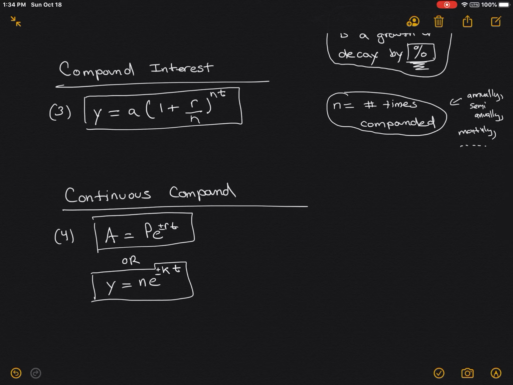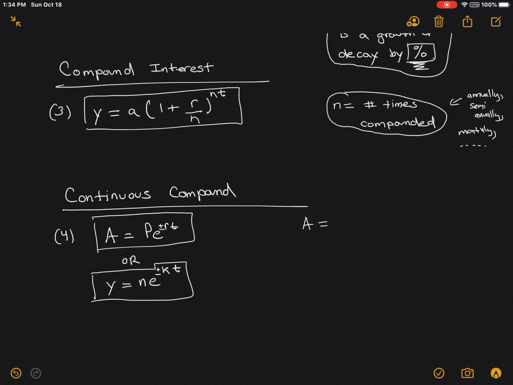All right, the last formula that you need to be familiar with is the continuous compound formula, and this formula really just comes from the definition of e. Again, I can show you where the formula comes from if we had more time, but distance learning just cuts everything short, so we're just going to have to know how to use it.